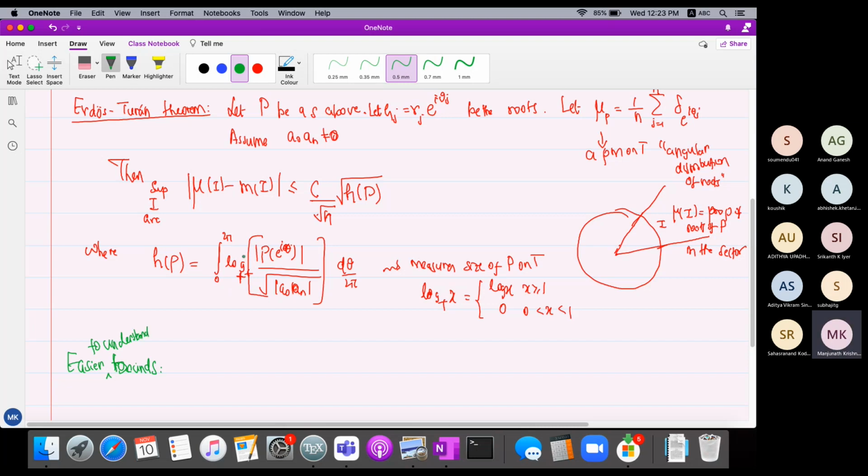Here you are taking log plus and then taking this and so on. But it is easy to bound it by things you can understand better. So, for example, h(p) is bounded by, log plus is bounded by, of course, the integral from 0 to 2π of the absolute value of the log, right?